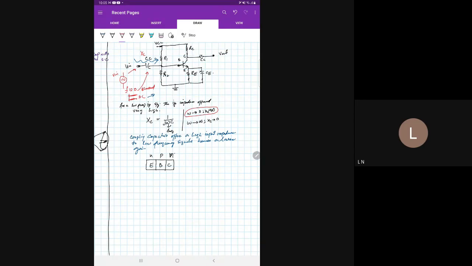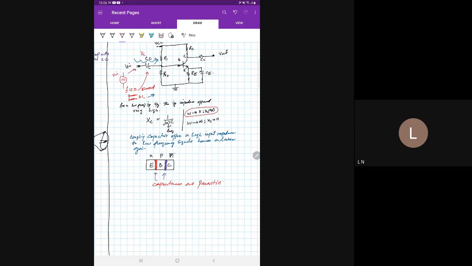You know that there is always a parasitic capacitance between emitter and base, and there is always a parasitic capacitance between base and collector. What is a parasitic capacitance? It is an undesired capacitance, which we have not created intentionally.